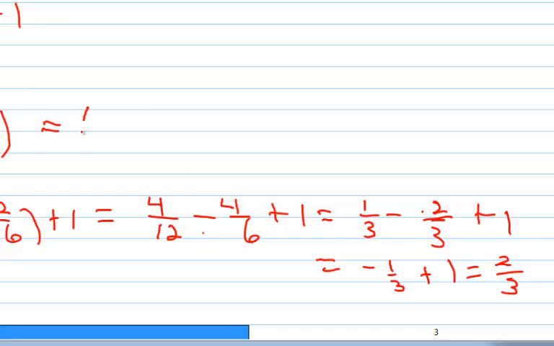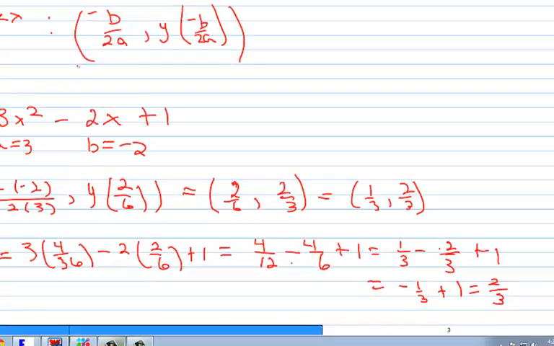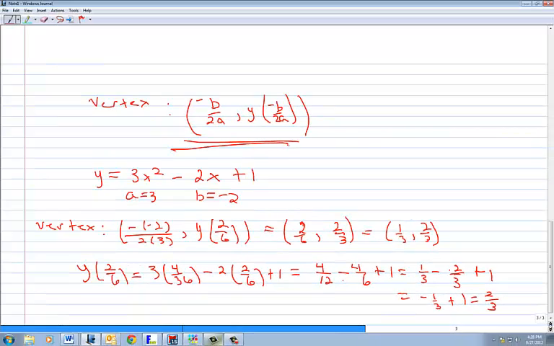So the vertex is 1/3, we wrote it as 2/6, and 2/3, which I could simplify to (1/3, 2/3). I hope this now shows you how we can find the vertex just by being able to identify a and b from the quadratic function.